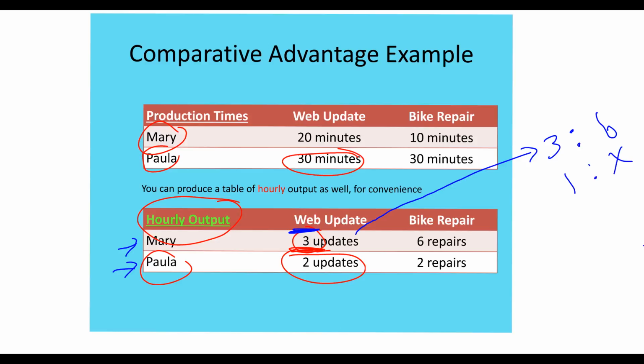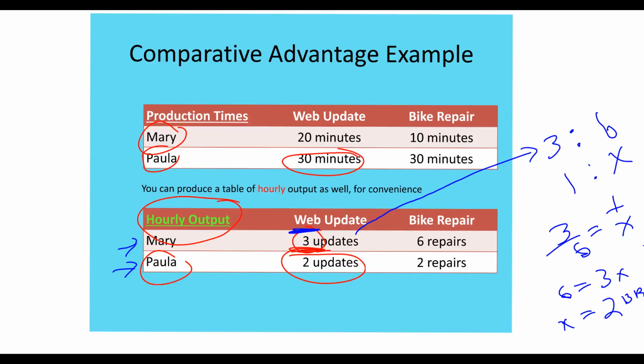So you can do it as 3 to 6 is 1 is to x, 6 equals 3x, x equals 2. So 2 is the opportunity cost of 1 web update, 2 bicycle repairs. And we know that's the case from the previous slide.